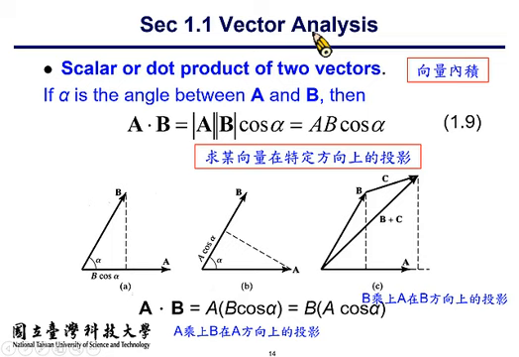Alpha is the angle between the two vectors. So the smaller the angle alpha, the larger the projection of vector B on vector A. So here is the projection of B on the A direction, and the dot product will be the multiplication of B cosine alpha times A.